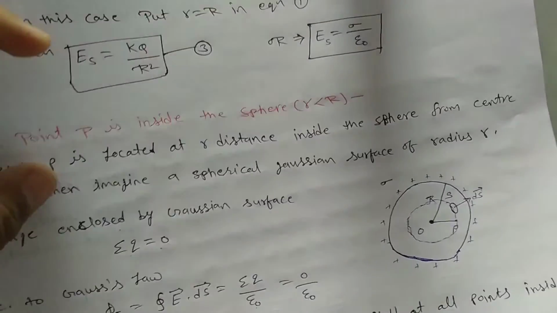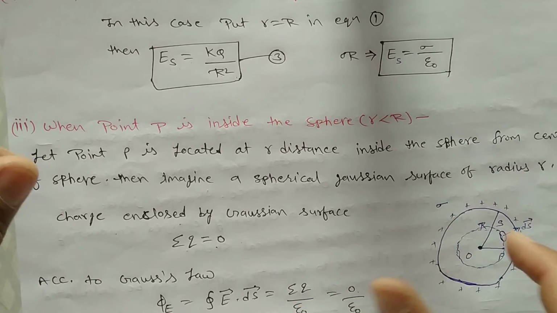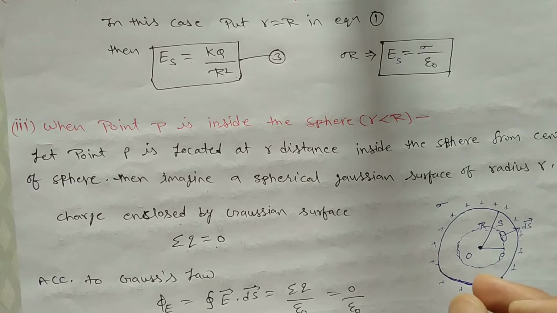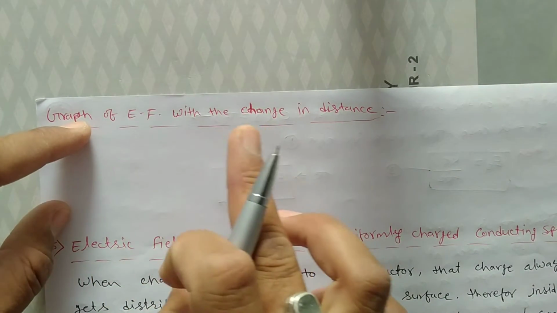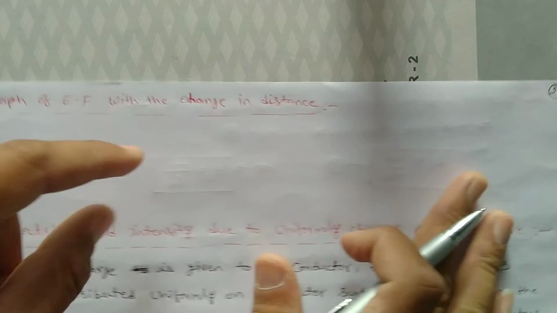So we plot a graph between electric field intensity and distance small r. So, a graph of electric field intensity with the change in distance.